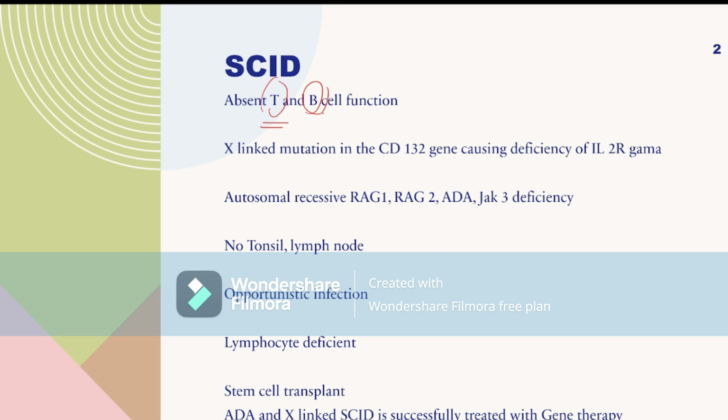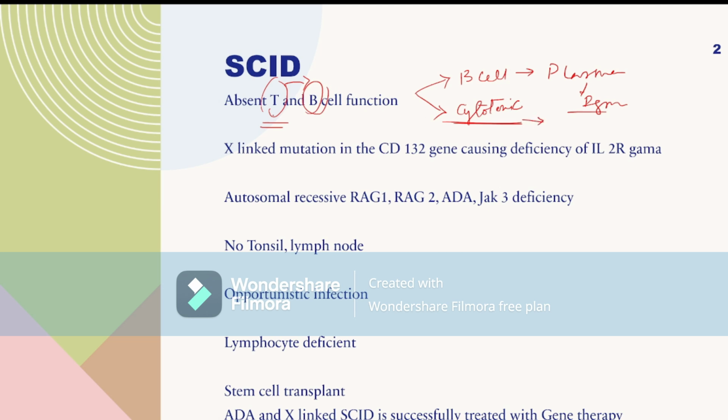As we know, T cell function is required for B cells to produce immunoglobulin, as I discussed in my earlier videos. So T cell has two functions. One is activating the B cell to produce plasma cells and immunoglobulin, and the T cell also has the function of cytotoxicity, that means production of some inflammatory markers and killing the virus and bacteria.